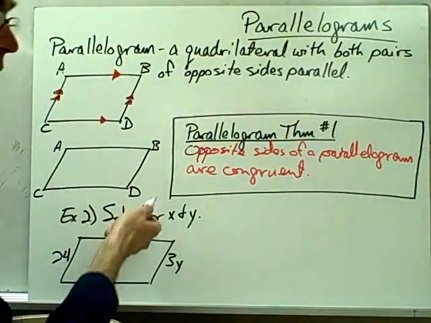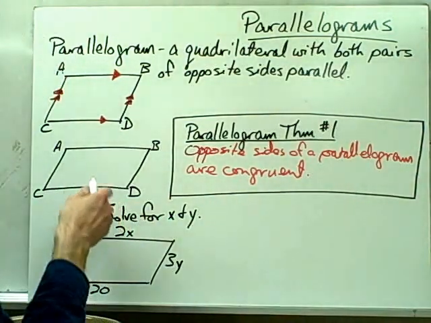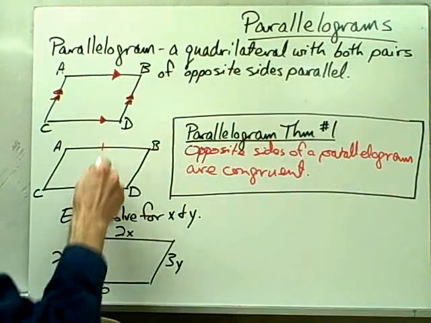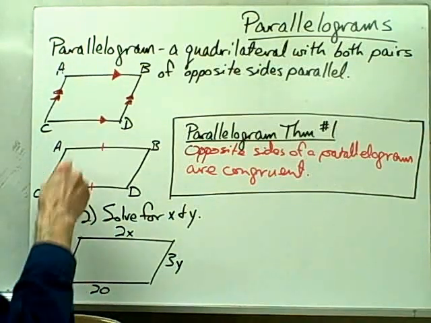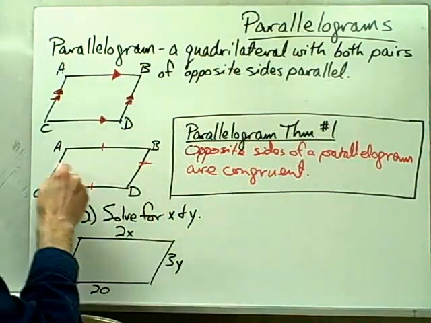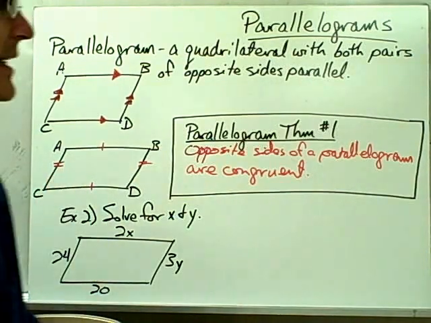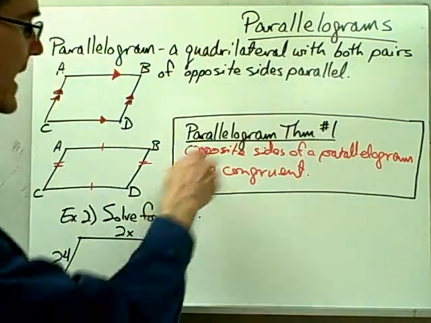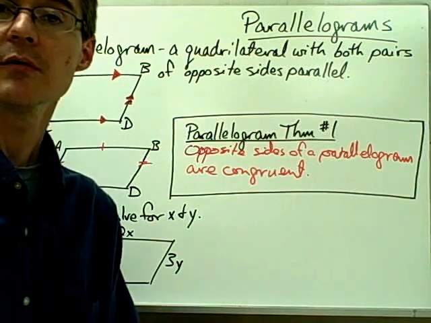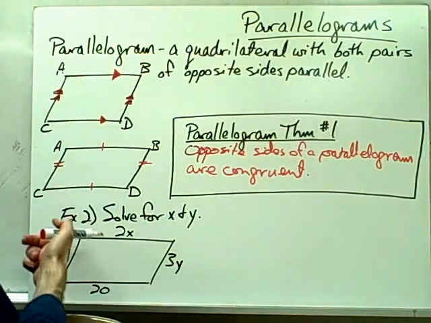So, once again, if quadrilateral ABCD is a parallelogram, then I know that side AB and side CD are congruent. Side BD and side AC are also congruent. And now I can use this property of parallelograms for solving certain types of problems.